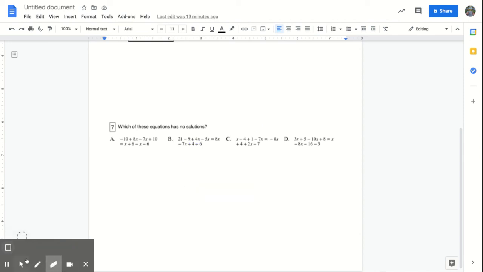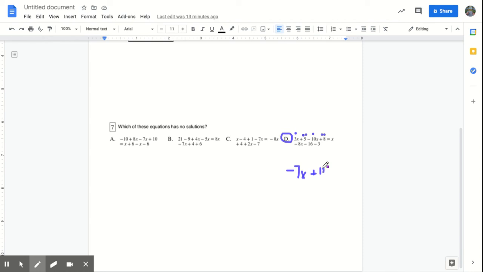All right, so we haven't found it yet. I'm going to try letter D. If it's not letter D, we know it's letter A. All right, so let's combine the like terms that we're simplifying. So 3x minus 10x is negative 7x. And we have 5 and 8, that makes 13.